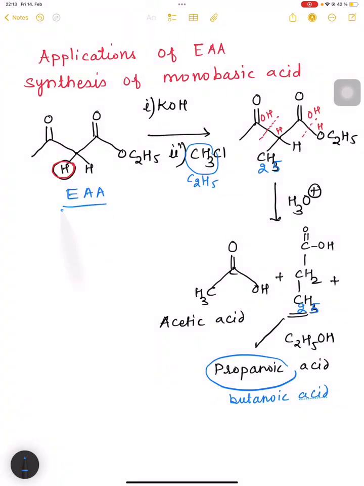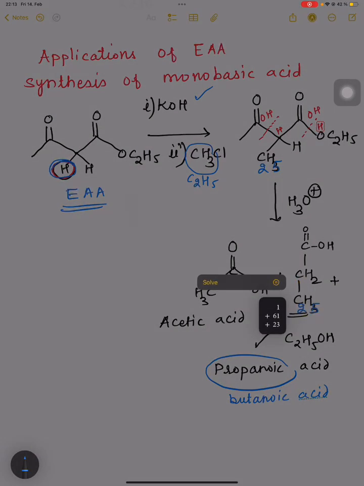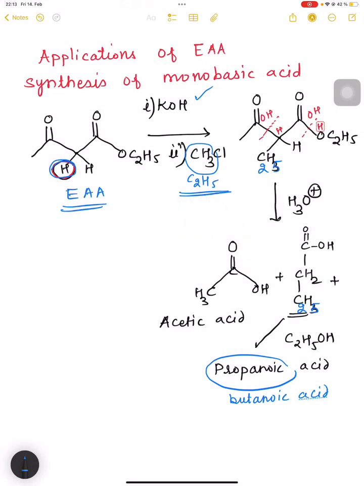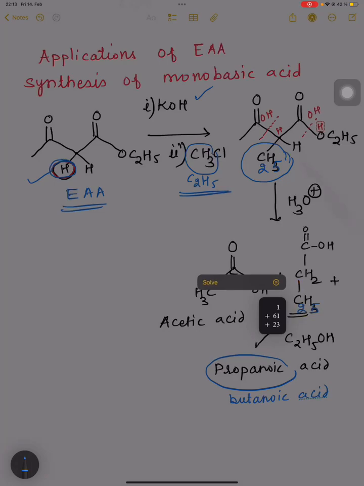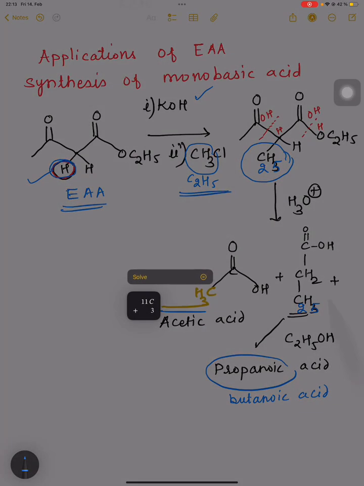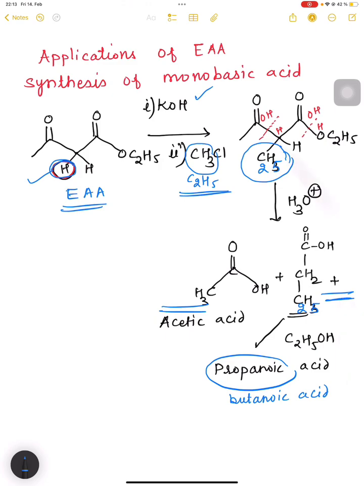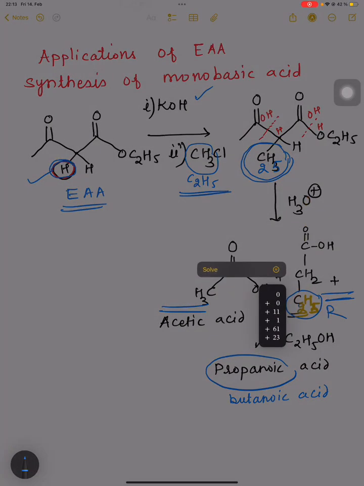When ethyl acetoacetate is treated with base, this hydrogen will be removed. When this carbanion is treated with any alkyl halide, an alkyl group is attached in place of H. Now when this compound undergoes hydrolysis, you will get two different acids. One is acetic acid, and depending upon the R group, there are different types of monobasic acids we can form.